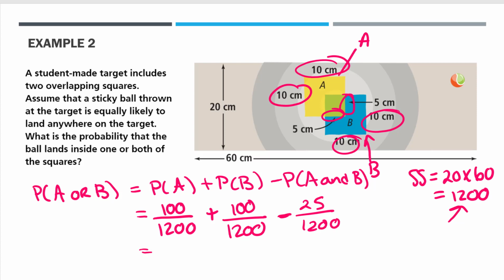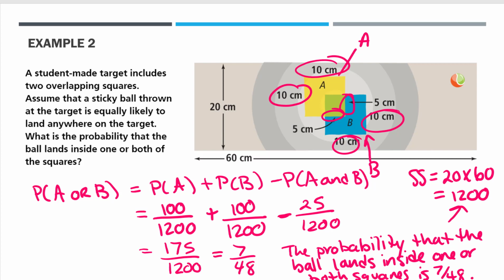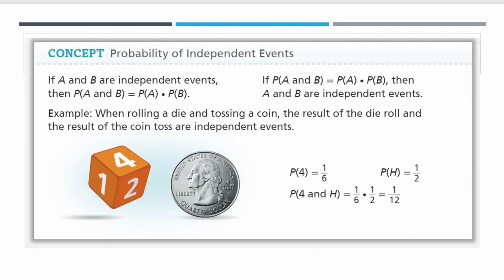So we add our numerators, so we get 175 over 1,200, and that simplifies to be 7 over 48. So the probability that the ball lands inside one or both of the squares is 7 over 48, which is approximately 15%.